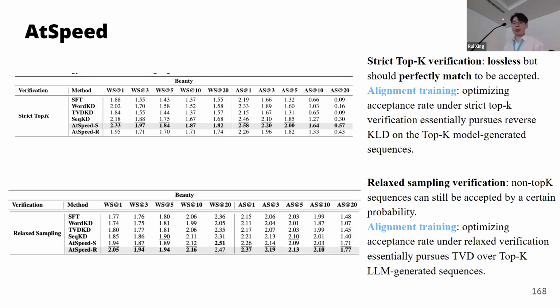Okay, and from the left table, we have the following observations. First, if we adopt the strict verification, the corresponding distillation method is preferred. On the other hand, if we adopt the relaxed verification, the corresponding alignment training is preferred.